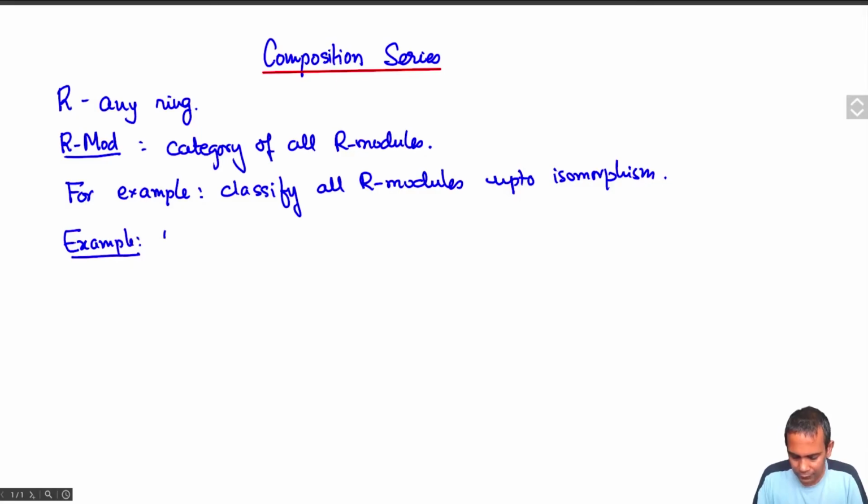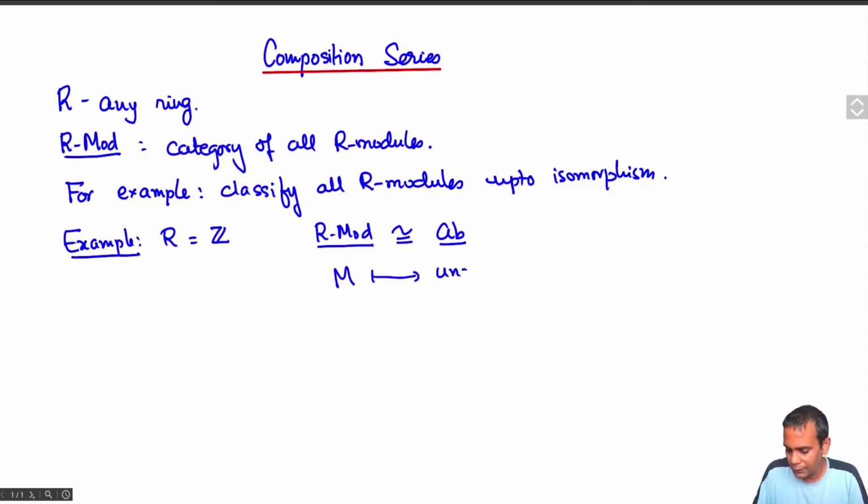Let's take R to be the ring Z, and we know that R-modules are the same as abelian groups. The category R-mod is isomorphic to the category AB of abelian groups. How does this work? Well, if you have an R-module M, you can just take it to the underlying abelian group.